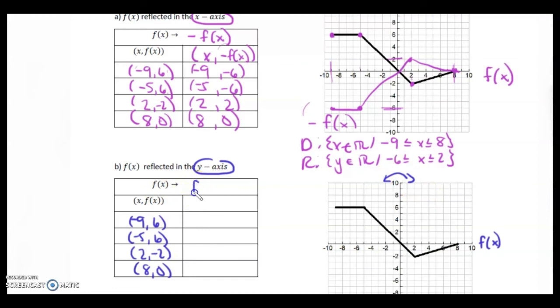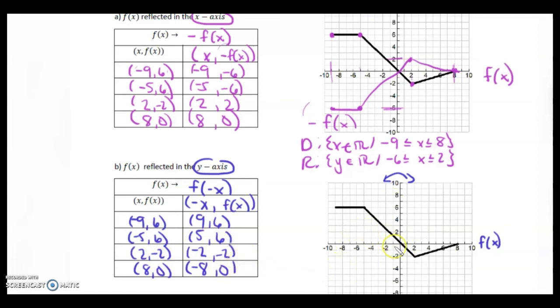Our equation in general is going to be the function at negative x. So we negate all the x's and leave the y's. We have 9, 5, -2, -8, and we leave the y's: 6, 6, -2, 0.